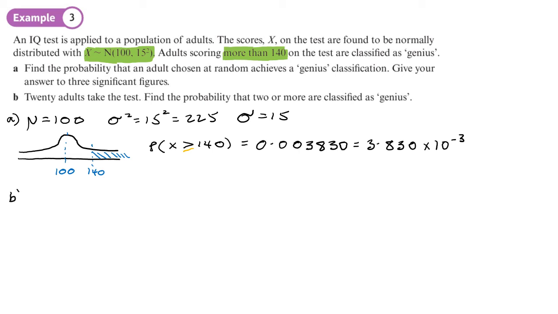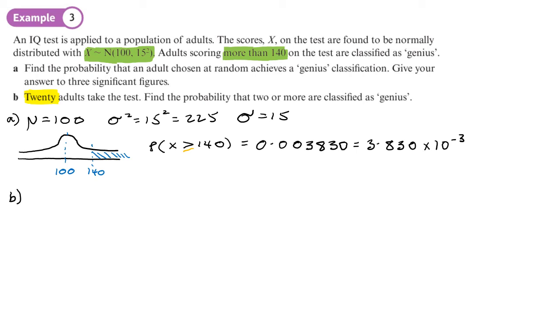Now part B, 20 adults take the test. Find a probability that 2 or more are classified as genius. Now this is where some students get confused, because they think, right, I've just been doing normal distribution, so part B must be normal distribution, but it's not. We have a sample size of 20 adults.